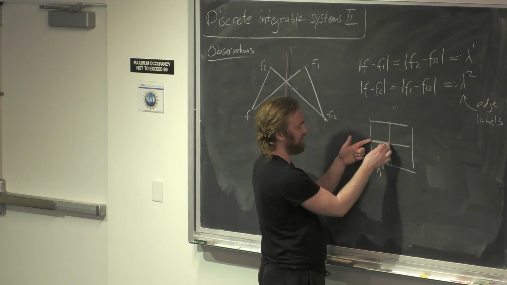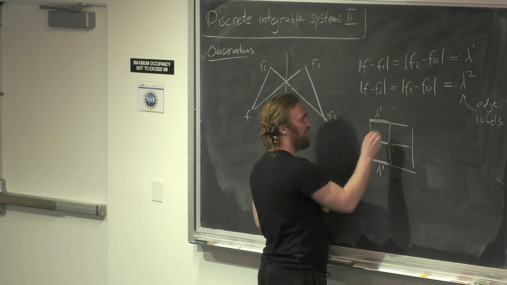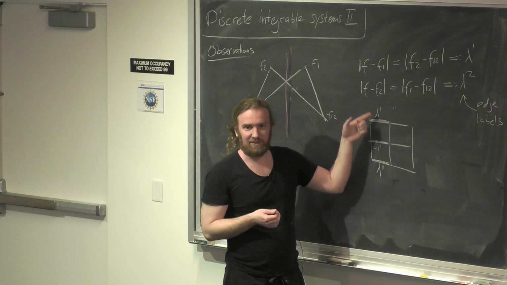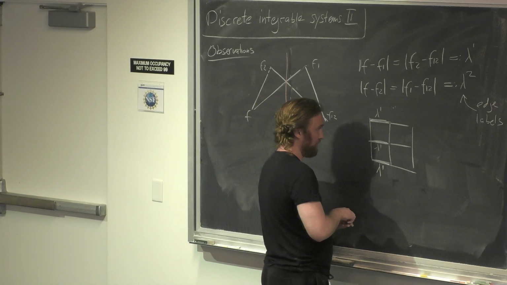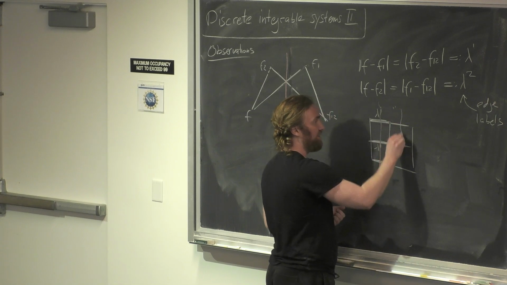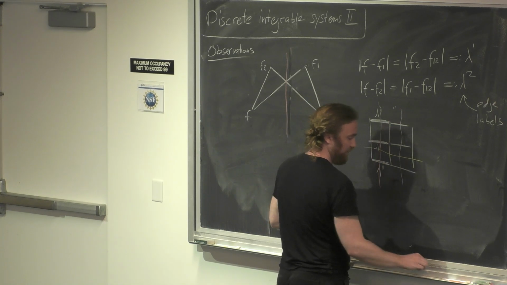And since it's here the same as here, but here also the same as here, it's sort of a conserved quantity, if you want, along these edge strips. And you can imagine along this edge there's one, along this edge there's another one, and then there's one here, and so on.